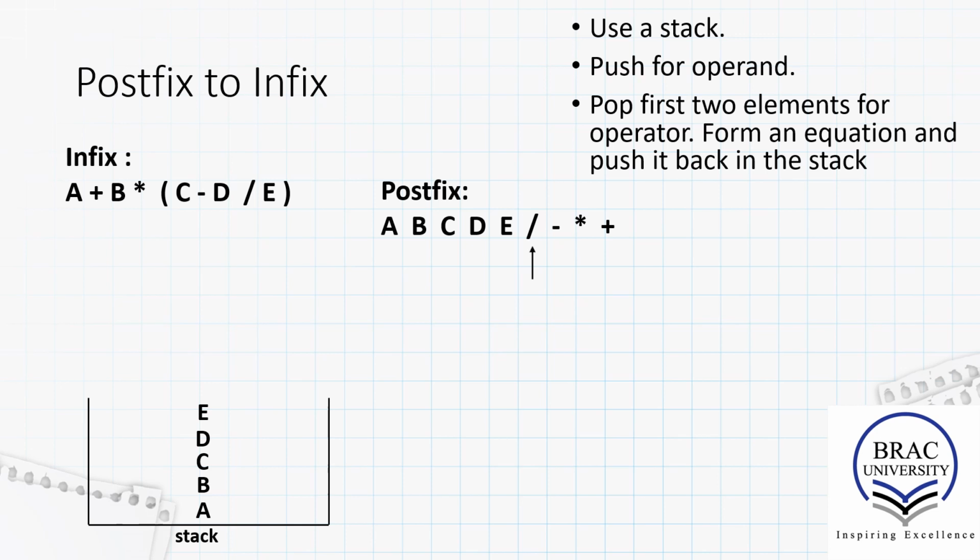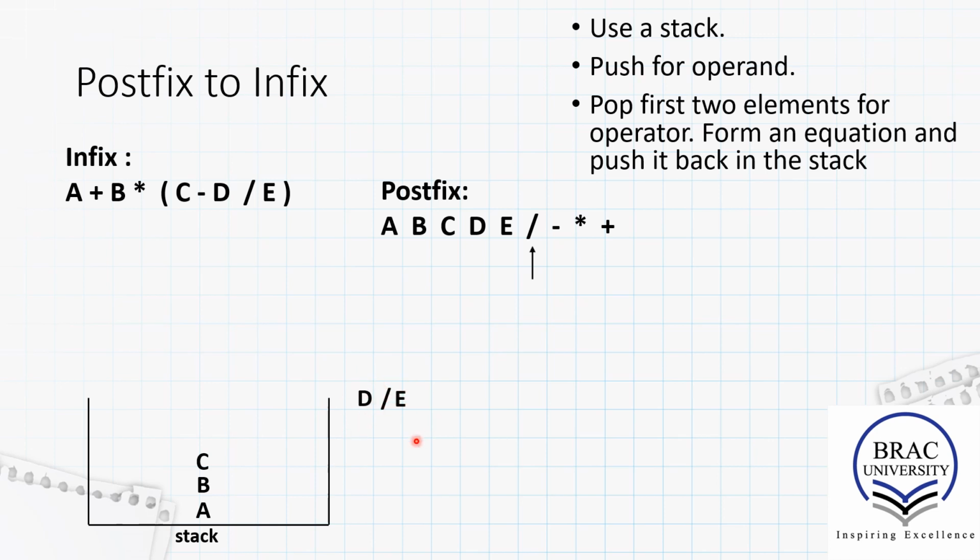Now I have encountered an operator, which is the division sign. Whenever I receive an operator, I will have to pop the first two elements in my stack. So first I'll pop E and it will come after the division sign. And then I'll pop D and it will come before the division sign. And D divided by E is my expression.